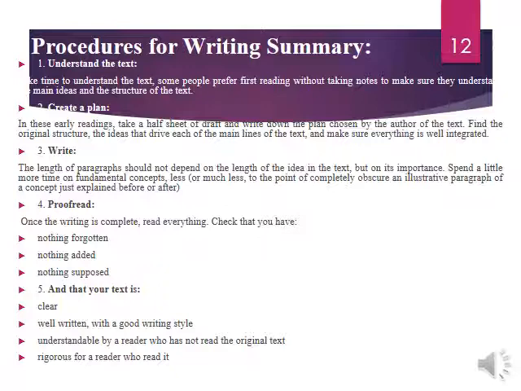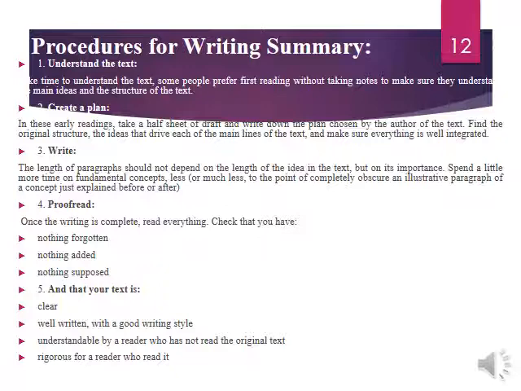Number three, it is important to write down what you are summarizing. The length of a paragraph should not depend on the length of the ideas in the text, but on its importance. Let's say, for instance, you are summarizing a passage that comprises 10 paragraphs. First, you have to read to understand the text.